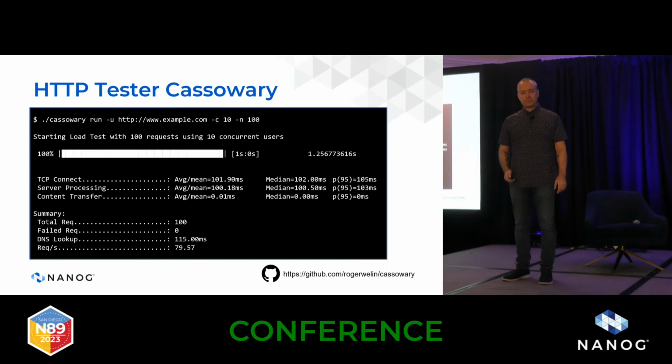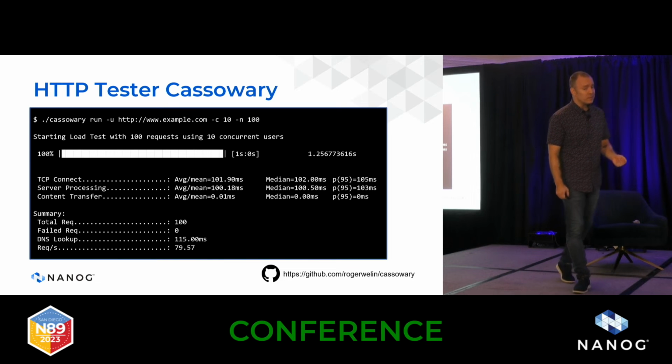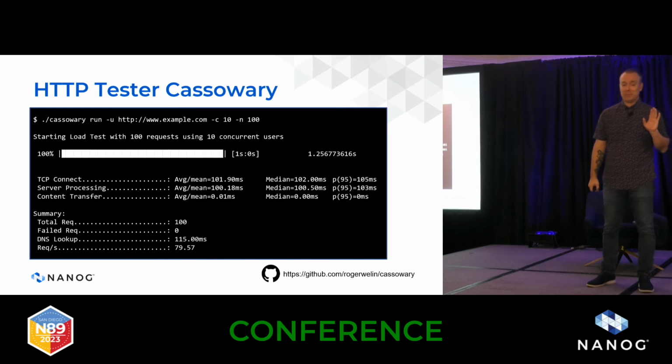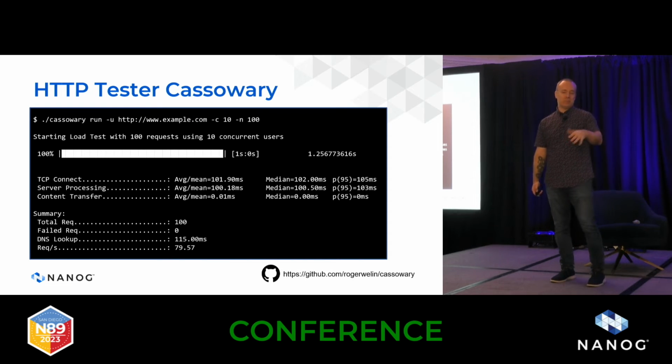And then as a tester, I'm using an open source project called, hopefully I'm not mispronouncing that, Cassowary. And I like this project because you can get more stats more directly related to an HTTP server.